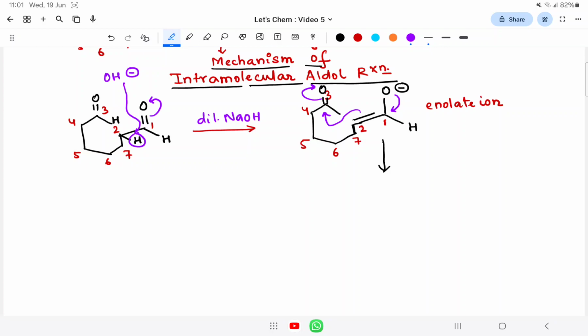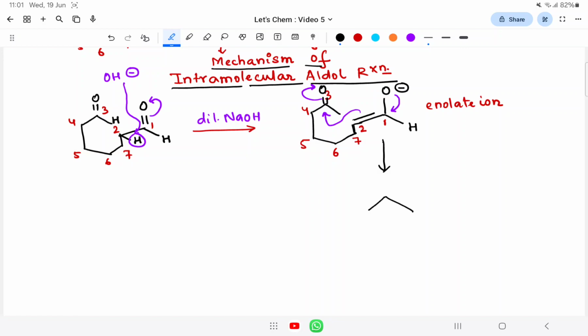Okay guys, so what are we going to get here is, now see that this pi bond on the second carbon is approaching that of the third carbon. So what are we going to get, guys? Any guesses? We are going to get back our ring.